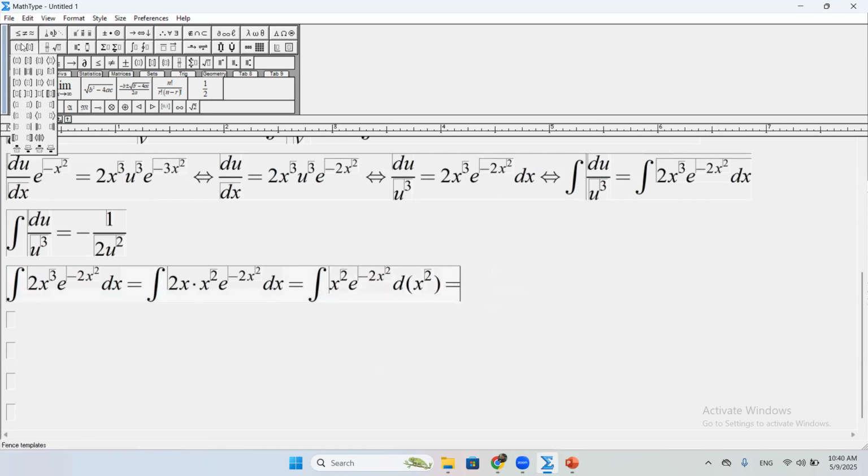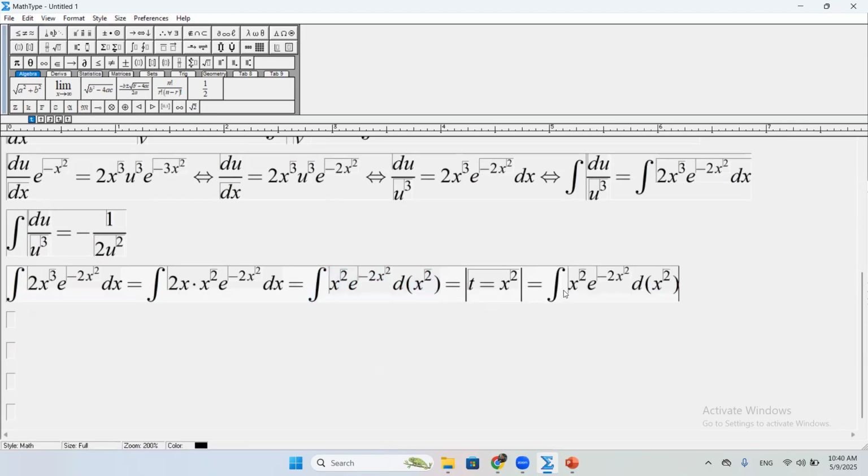Now let's make a substitution just for easier calculation. So t will be equal to x squared, and you will see that this integral will look simpler. It is integration by parts that you already know. Write like this: u1 equals t, du1 equals dt.